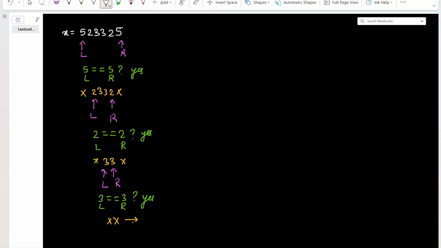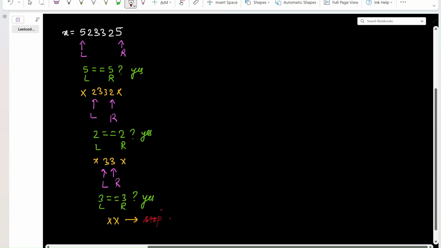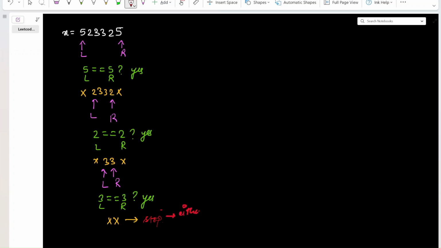So now we're just going to stop here. So our stopping condition is, either we have checked all digits, or one of these conditions is a no. Because as soon as this is no, we know it is not a palindrome.